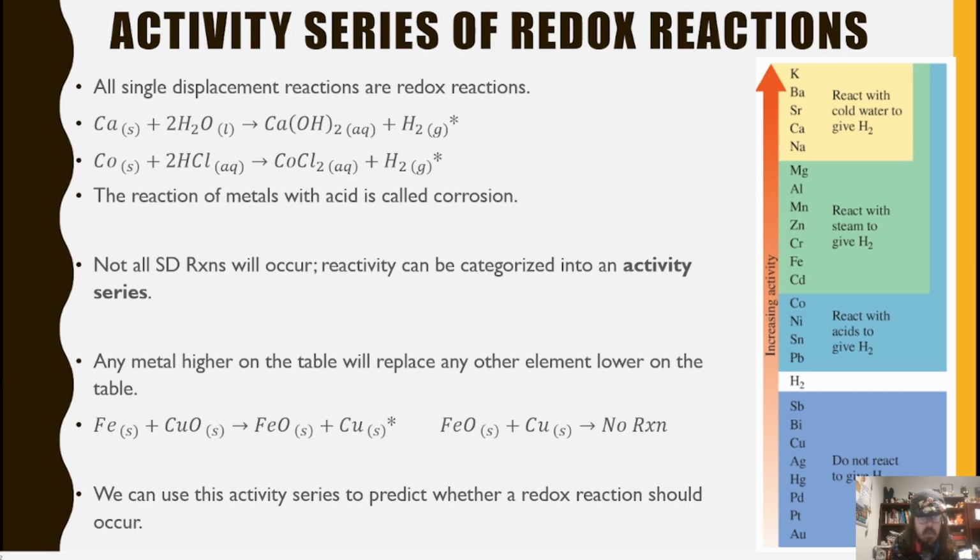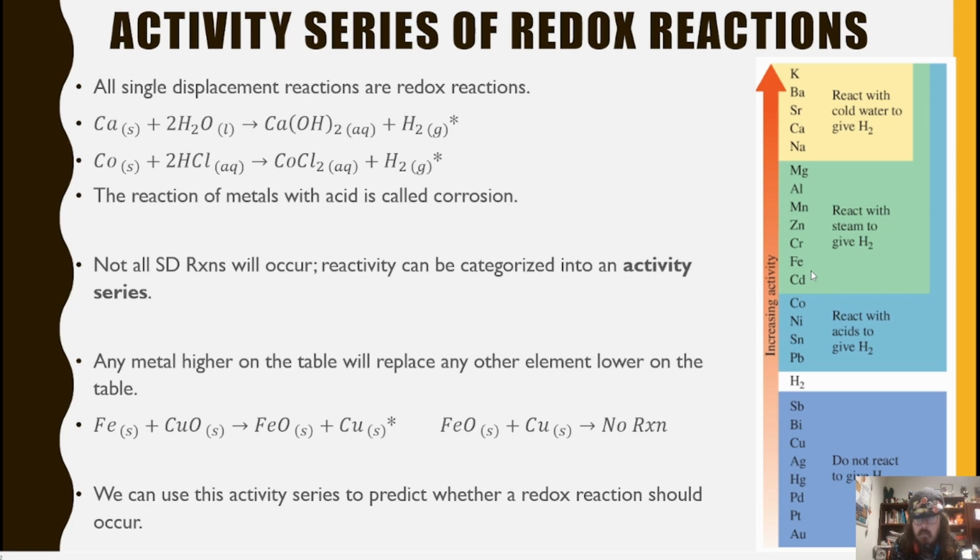And the basic idea is that any metal that is higher on this table is more reactive towards oxidation than metals lower on the table. So any metal that is higher up on the table will replace any metal that is lower on the table by single displacement. So if we look here, iron is right here, copper is down here.